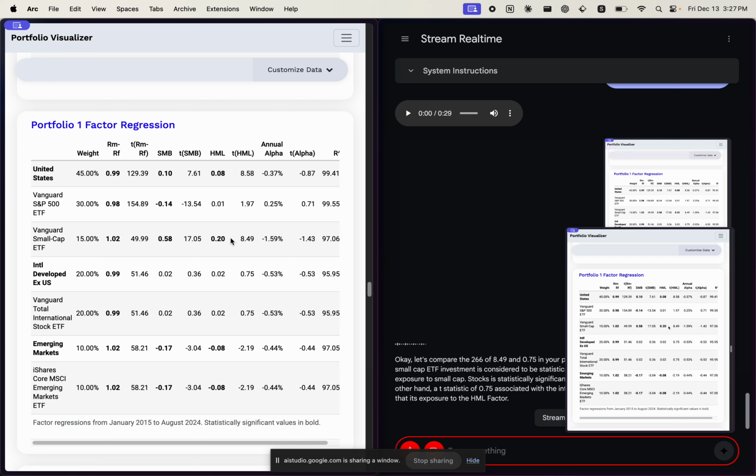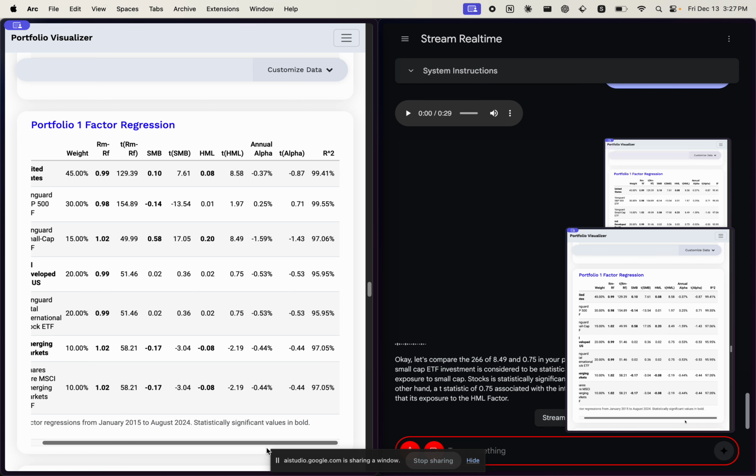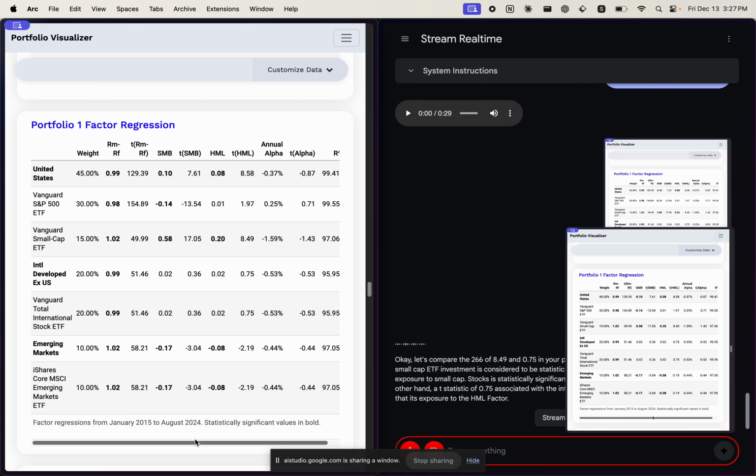On the other hand, a T statistic of 0.75 associated with the international developed ex-US investment indicates that its exposure to the HML factor is not statistically significant. It suggests that the observed relationship between the portfolio's returns and the HML factor might be due to random chance, and that its exposure is not statistically different from 0. In other words, the HML factor is not that significant in the returns of that investment.